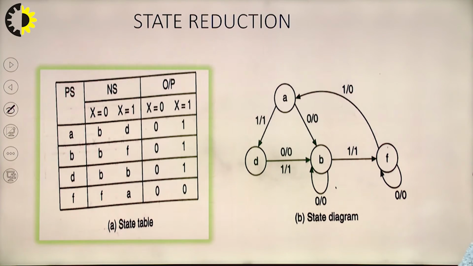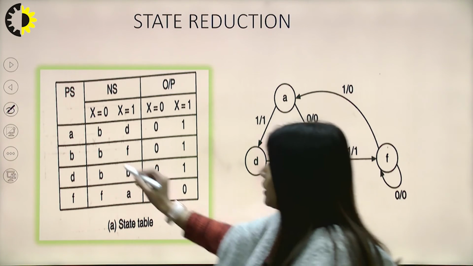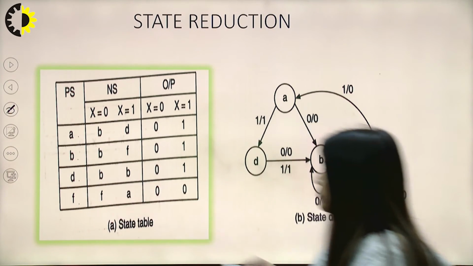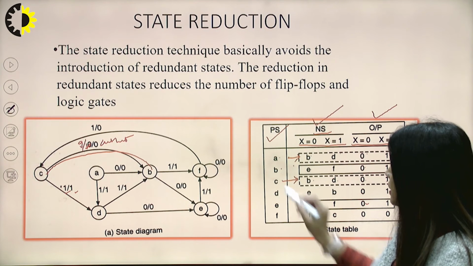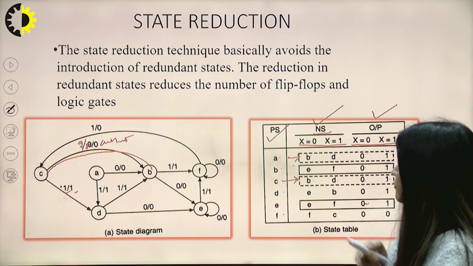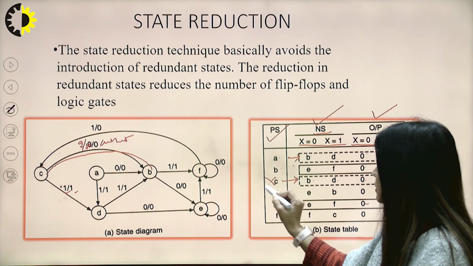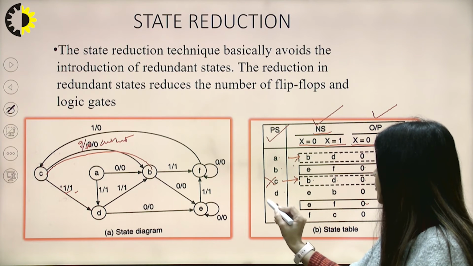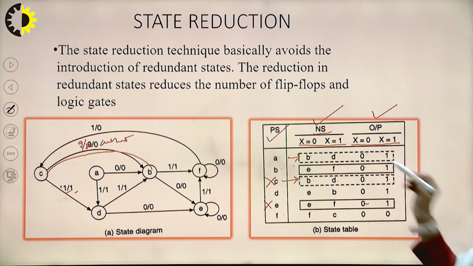So see here, A, B, D, F. We will write here A, B, D, F. What we have done is we have removed this one and this one, because these two rows are exactly the same.